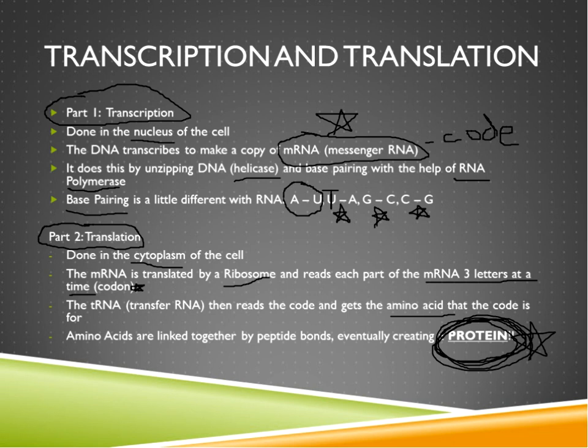And then the ribosome says, okay, tRNA, bring over this amino acid. And then it does. And then you get all these amino acids linked together, like peptide bonds, and that creates a protein. So the entire point of transcription and translation, guys, is to make a protein. The entire point of DNA replication is just to make another strand of DNA. So there's your big difference there.